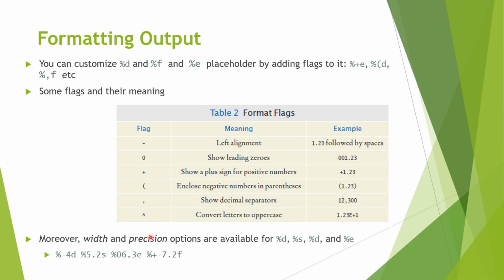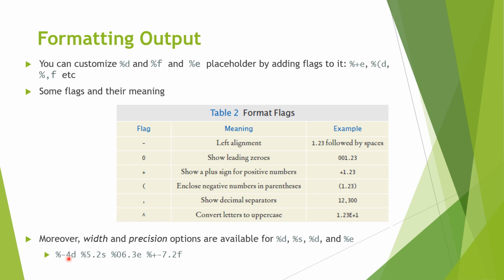For example, if I say %-4D, the 4 is the width option, and it basically means this placeholder should be replaced by an integer that has at least 4 characters.